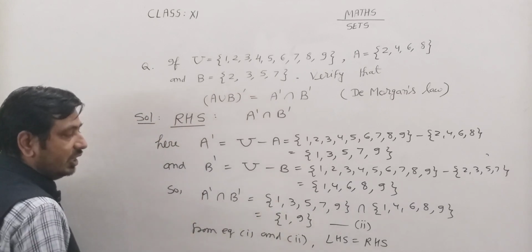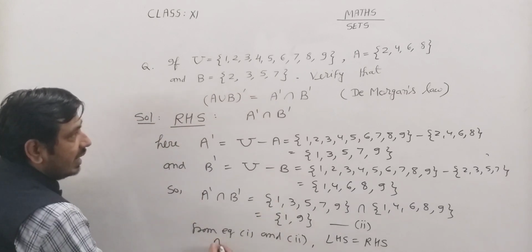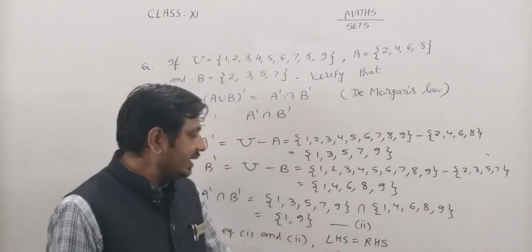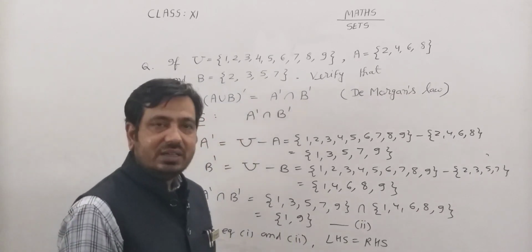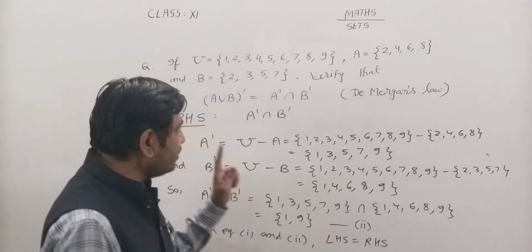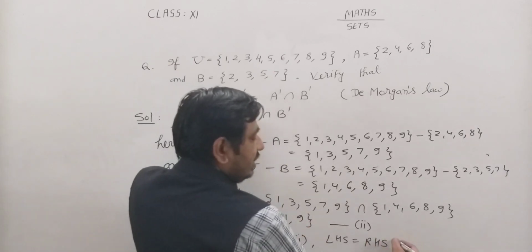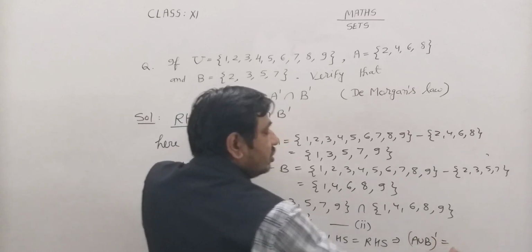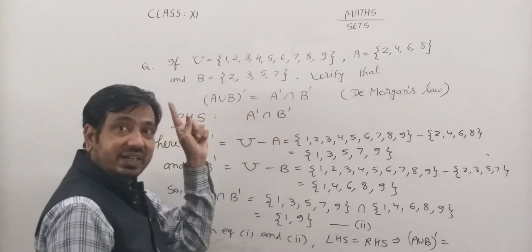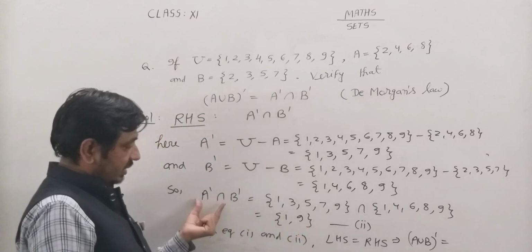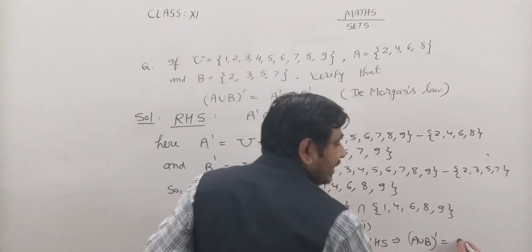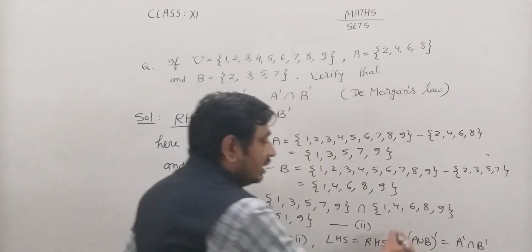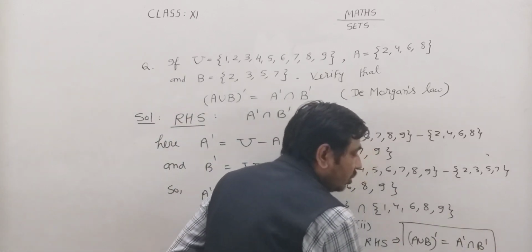So from first and second we say LHS is equal to right hand side. Now class, this implies (A union B) whole dash, your left side, which is 1, 9, and it is also 1, 9, is equal to A dash intersection B dash. It is proved, it is verified, De Morgan's law.